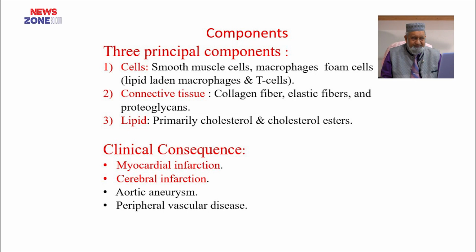So, the three principal components are cells, connective tissue, and lipids. Clinical consequences of atherosclerosis: most important is myocardial infarction, and the second is cerebral infarction. Others are aortic aneurysms and peripheral vascular disease. But if you fail to diagnose myocardial infarction, then your life may be very miserable.